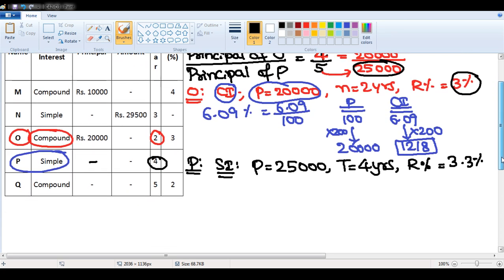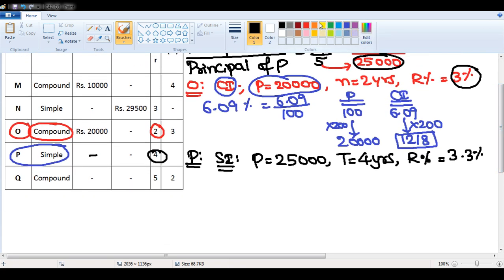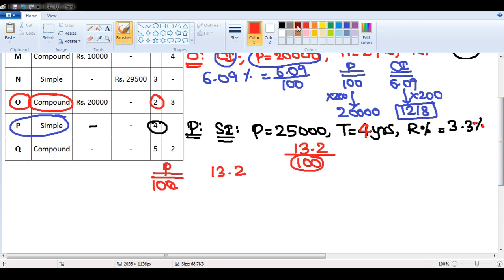They are asking you the interest. Now same logic. SI is the same every year. For 1 year it is 3.3. For 4 years it is 4 into 3.3, which is 13.2 percentage. 13.2 by 100 means if I take 100 rupees from you, I will give you 13.2 rupees extra, but I am not taking 100 in this case.